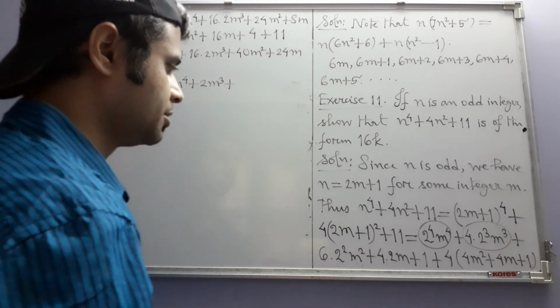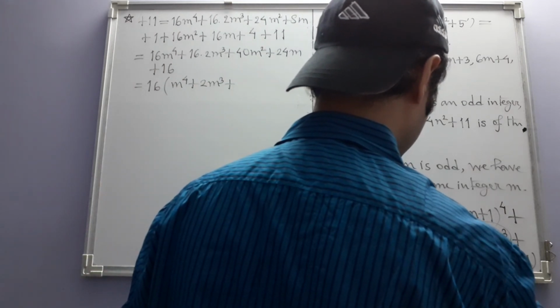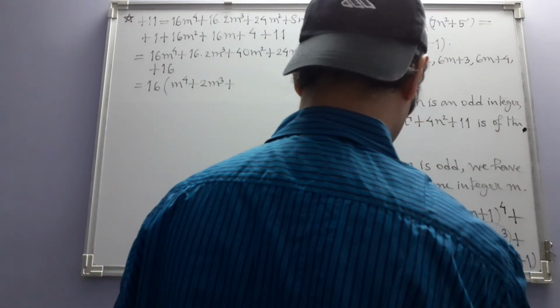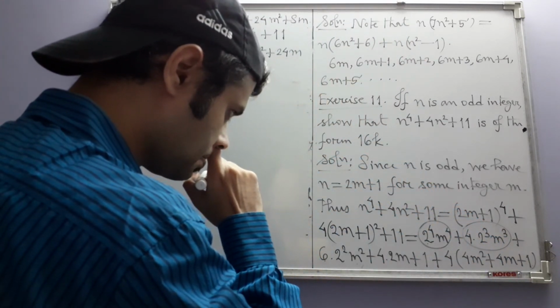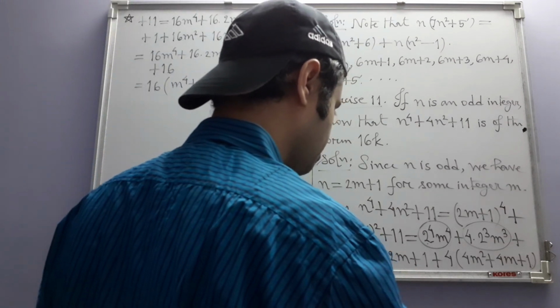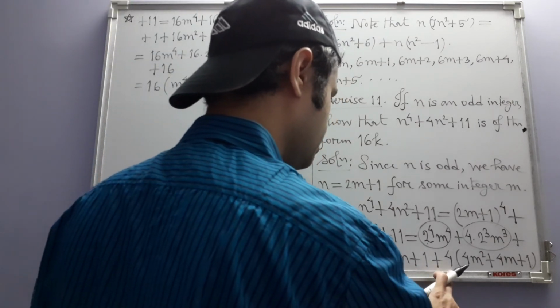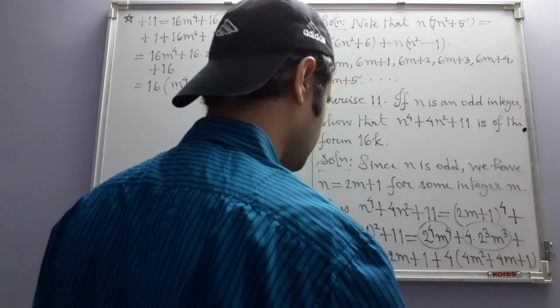Definitely I have made a mistake somewhere. Four times 2m plus 1 plus 4 times 4m square plus 4m plus 1.